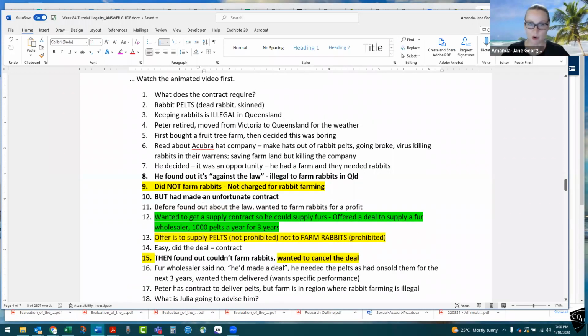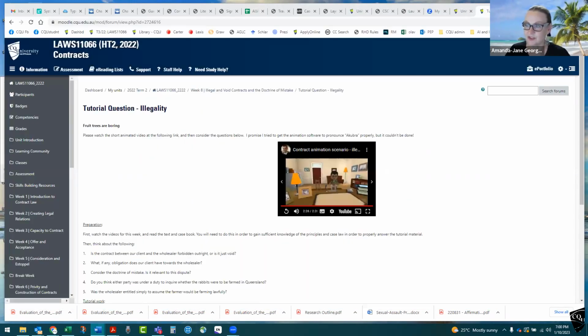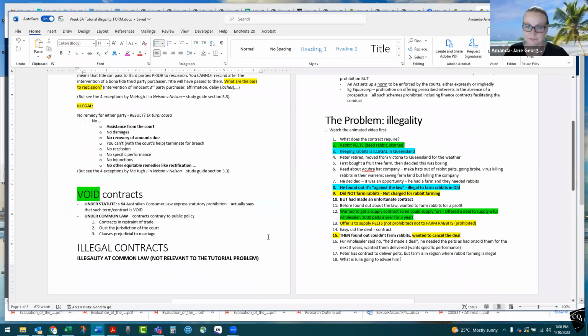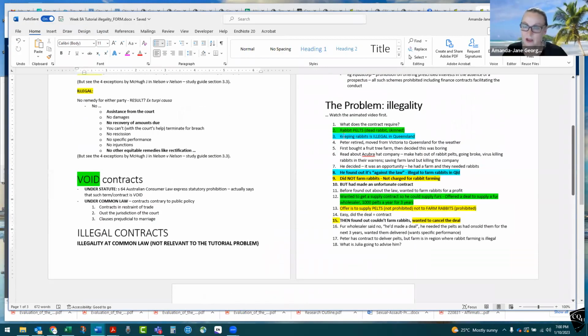What does the contract require? Rabbit pelts. Well, I'll put you on your toes because you've seen this now. I'll get my other one back up here, the legality form. It requires rabbit pelts, which are dead rabbits that have been skinned.